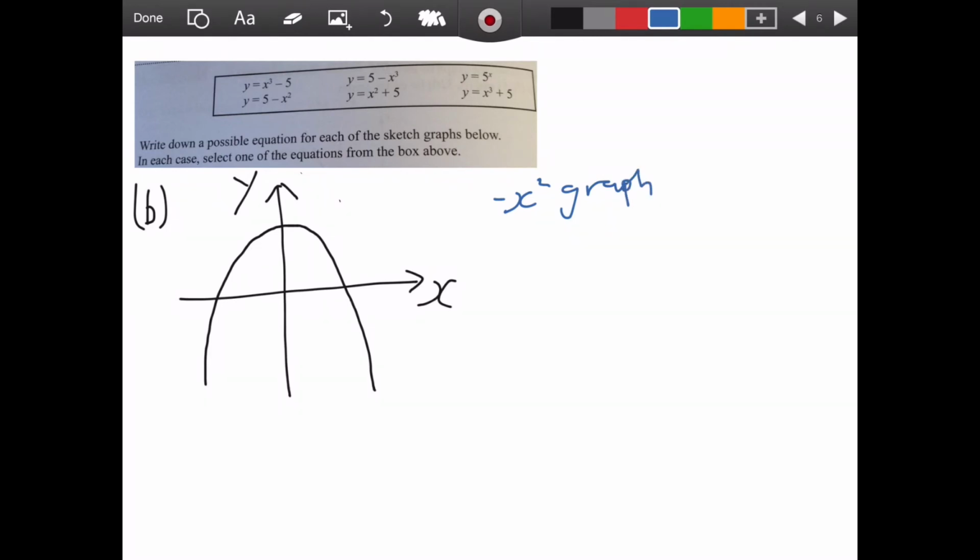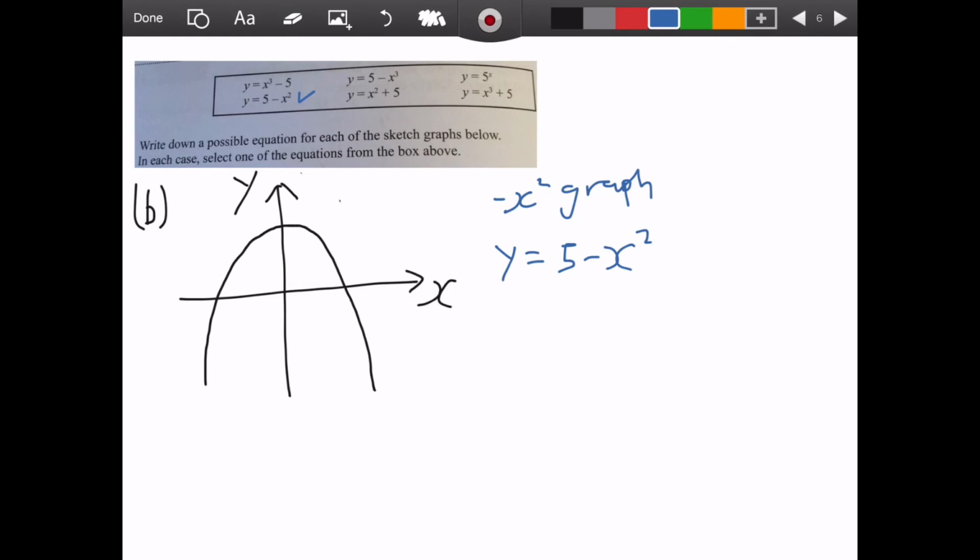But we need to find out what is y equal to, the coefficient of the x, and then also the constant in that equation, right? But when you check the box, you realize that there is only one negative x squared equation, which is this one, right? So y equal to 5 minus x squared. This is the only one. So it's very likely to be correct. In fact, it's the correct answer. But let's just check it out.